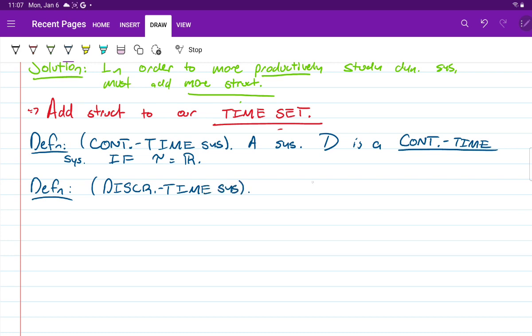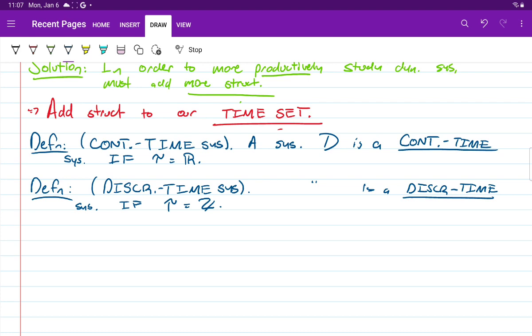A system D is a discrete time system if, instead of being a real number, our time set T is now going to be the integers, all right? So if T equals Z, all right? So instead of time passing continuously with a real number, time will jump at discrete increments.